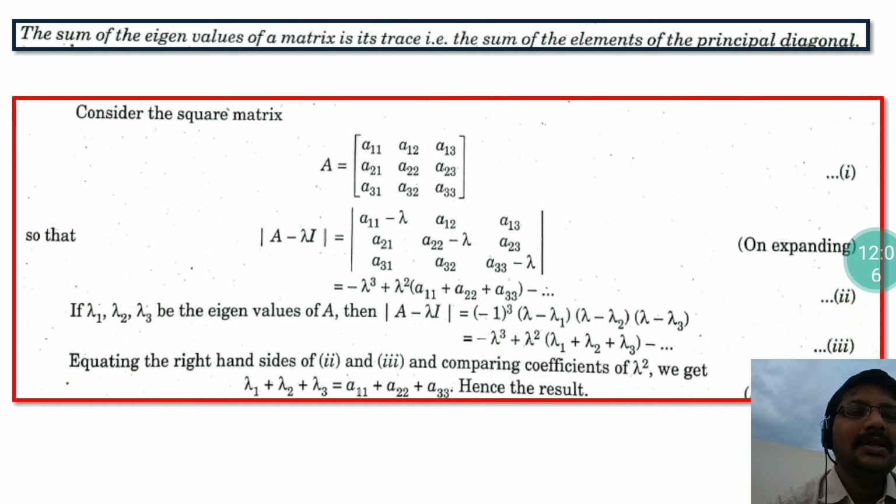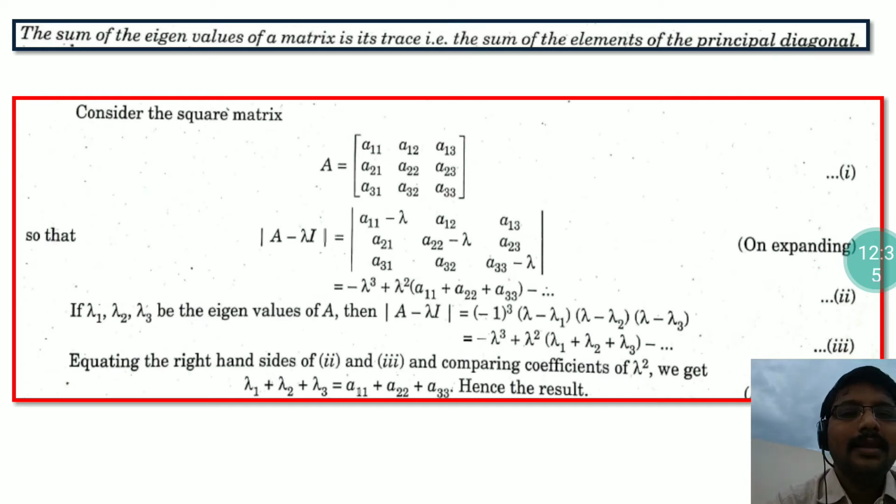We have already seen that for a 3 by 3 matrix A with three eigenvalues, the determinant can be represented this way. That is negative lambda cube plus lambda square (lambda 1 plus lambda 2 plus lambda 3) minus and so on.